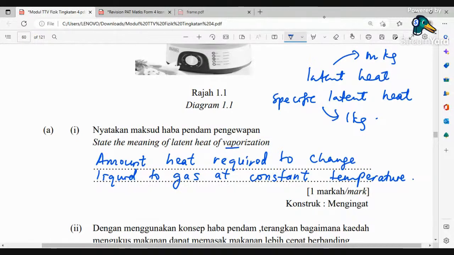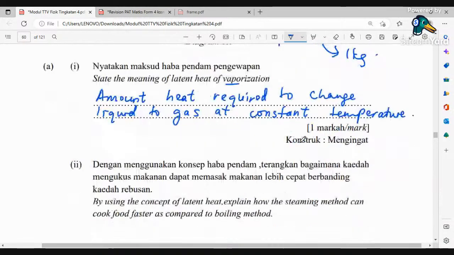So definition for latent heat of vaporization. If the question is latent heat of fusion, sama juga, cuma di sini ialah solid change to liquid. Okay, itu saja beza. If they want the specific latent heat, you kena mention 1 kg of liquid. Okay, 1 mark.